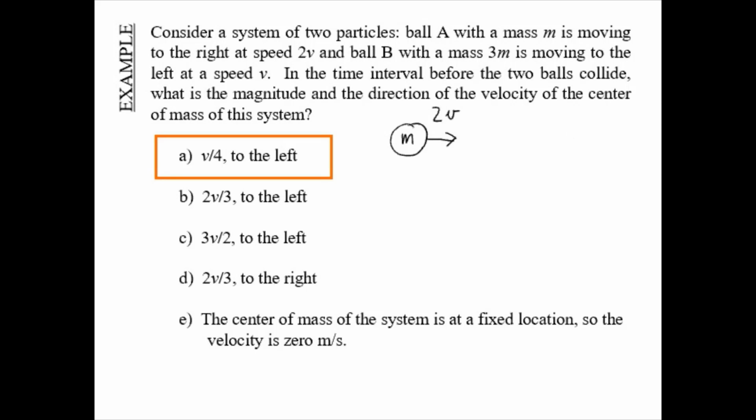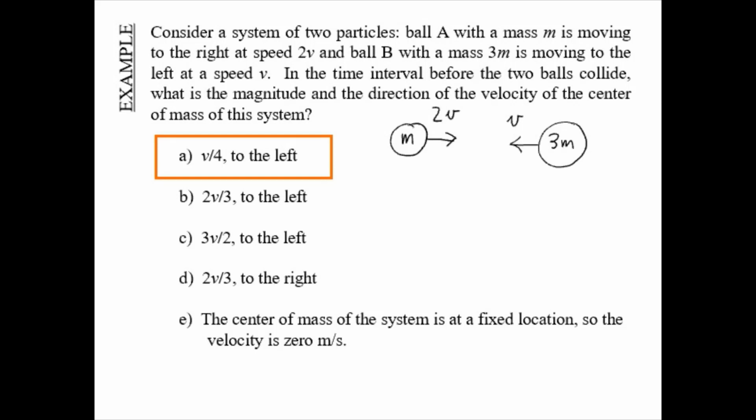So here we have a ball that's a little more massive, 3m, and it's moving to the left at speed v. Okay, in the time interval before the two balls collide, what is the magnitude and the direction of the velocity of the center of mass of the system?